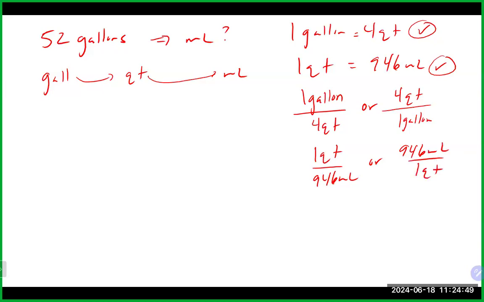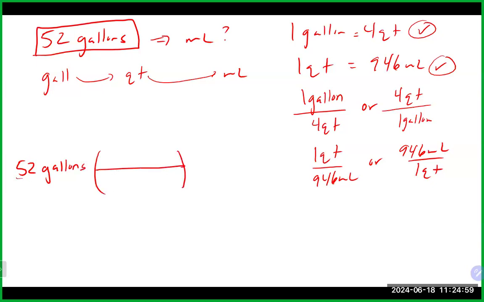So when we start this calculation, we start with what is given to us. Here, we just want to get rid of the units of gallons, which is on top, so we would use a conversion factor on the right that will get rid of gallons. So 1 gallon on the bottom would give us 4 quarts.